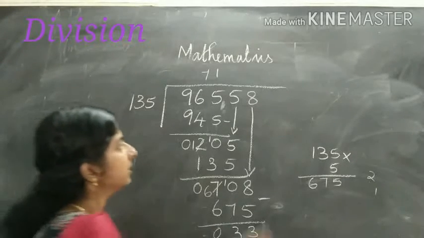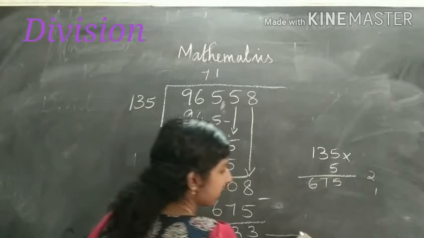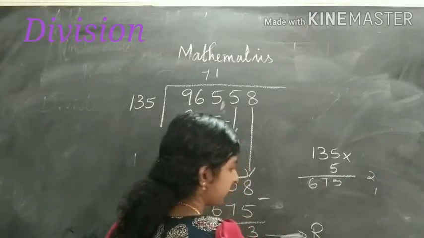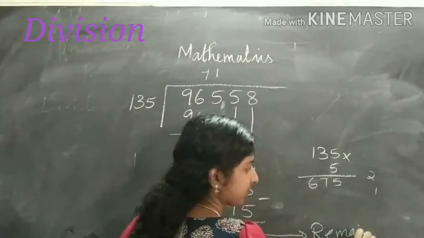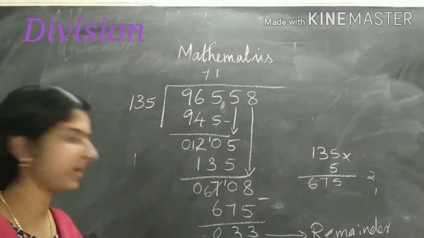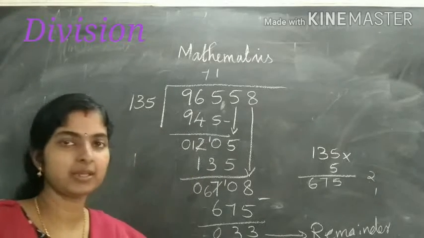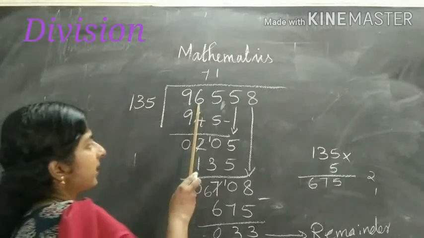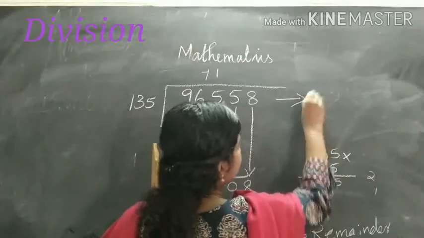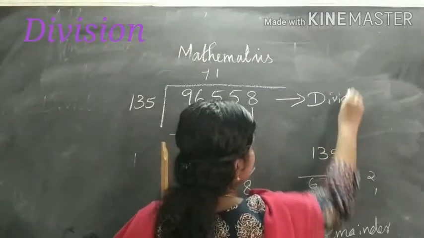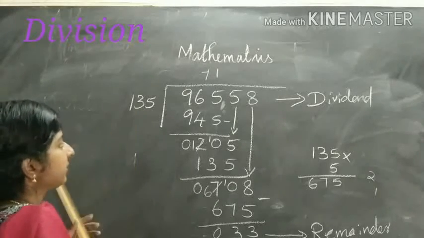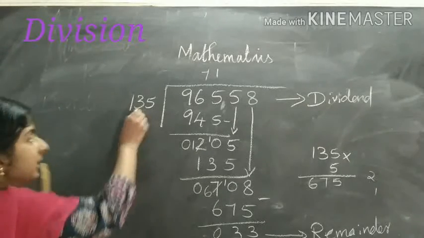Here, this is the remainder. 33 is the remainder and 96,558 is the dividend. Then 135 is the divisor.